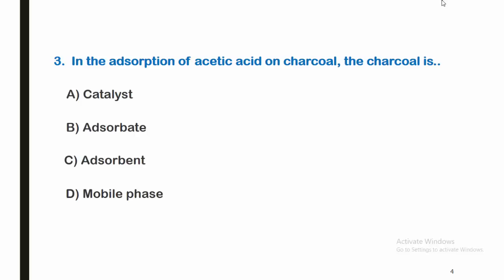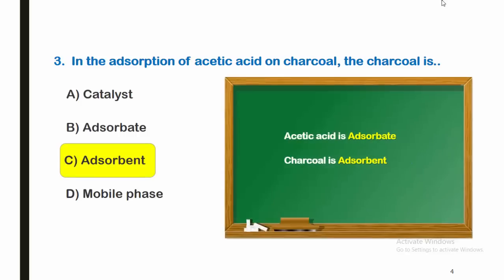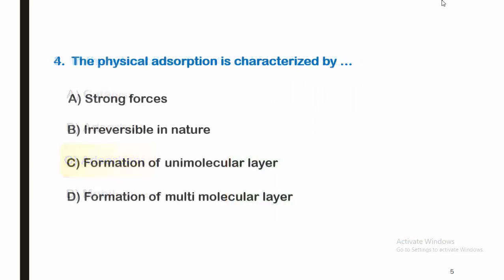The right answer of this question is option C, adsorbent. As we discussed previously, the substance which is going to be adsorbed is called the adsorbate, where the acetic acid is the adsorbate and the charcoal is the adsorbent. Let me move to another question.